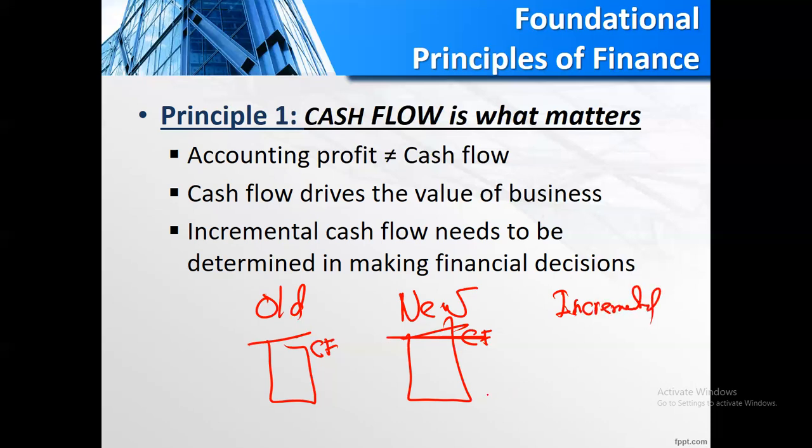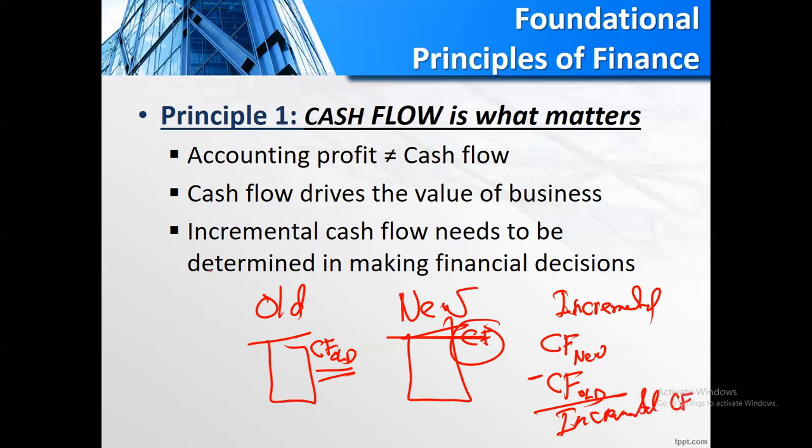When we talk of incremental, you're not only going to look at the new cash flow, you have to subtract the old cash flow, because this is what we call opportunity cost. Because we're going to buy the new, we are foregoing the old. So the net, guys, will be your incremental cash flow. That's very important when we take a look at cash flows.